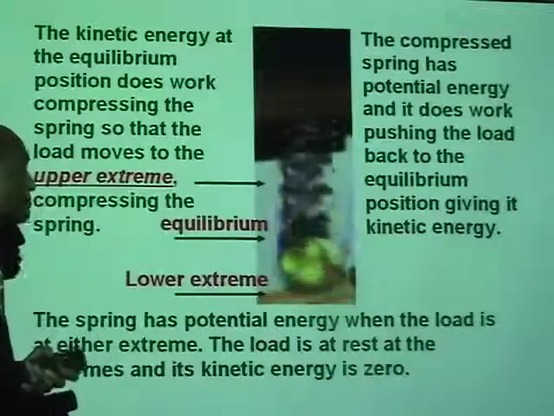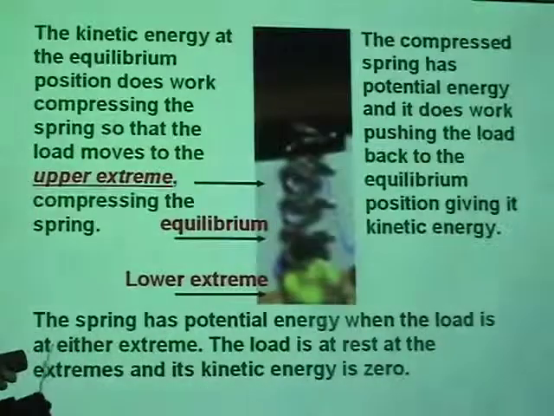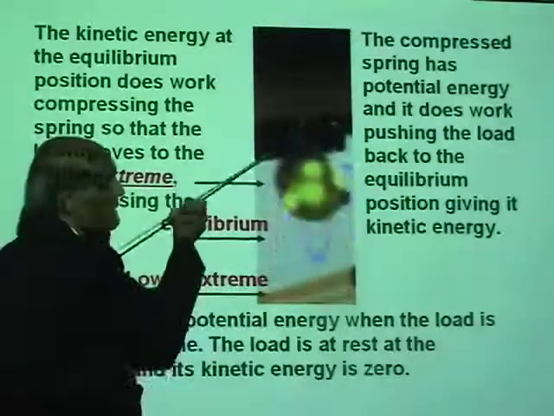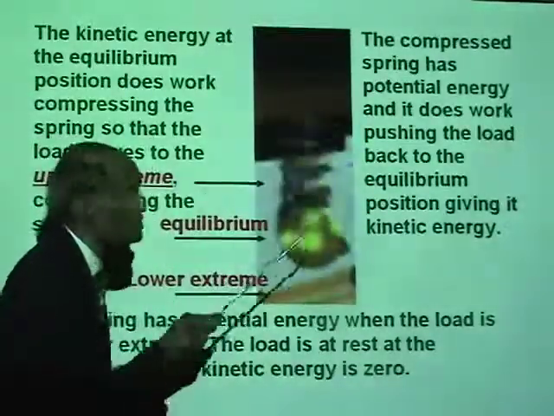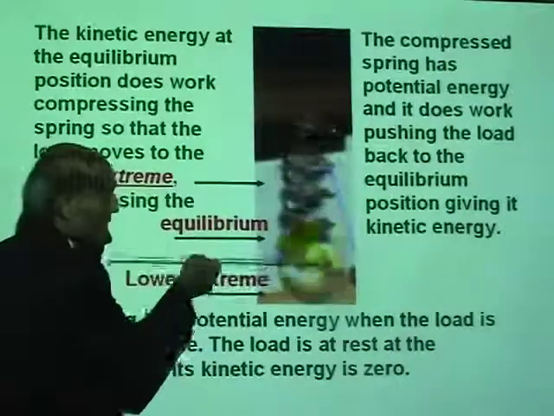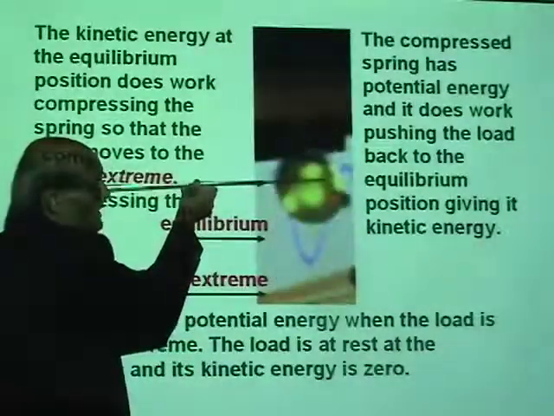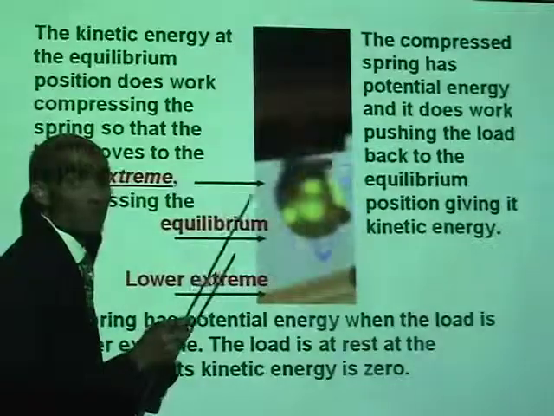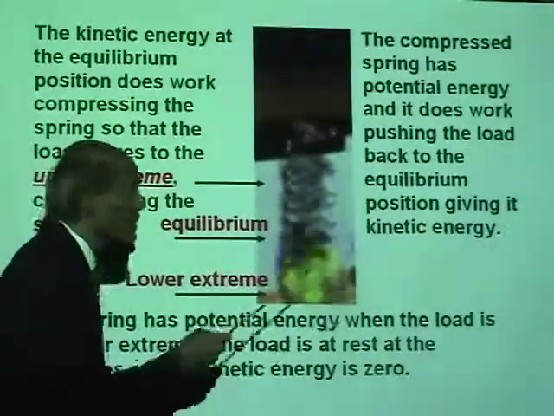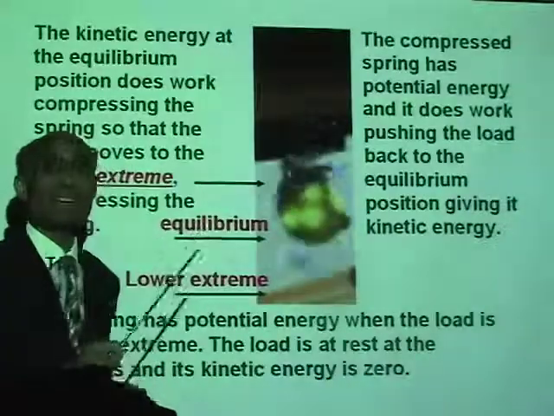The spring has potential energy when the load is at either extreme. So the spring has maximum potential energy when the load is at the lower extreme and when the load is at the upper extreme. In between, it has both potential energy and kinetic energy.